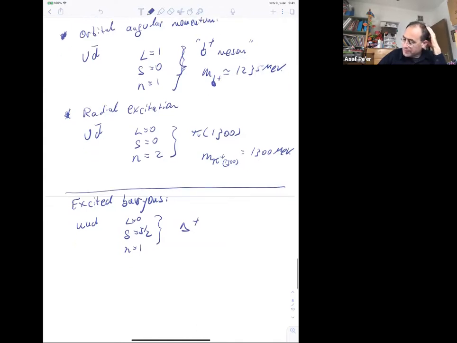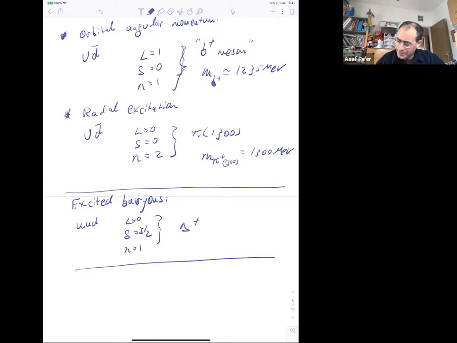Now, of course, if you're not confused enough by now, remember that what we did so far was just with the first generation quarks, the up and down. But of course, all the other quarks can participate as well, right? So we can have heavier mesons and heavier baryons made from heavier quarks.